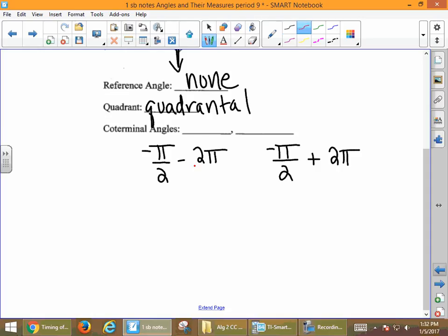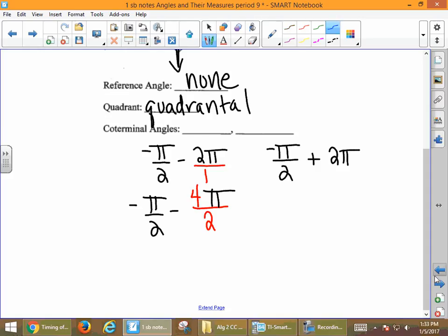And we're finding the common denominator. And the common denominator between 2 and 1 is 2. So we want to make sure that we keep that equation in balance, so to speak. 4 divided by 2 is 2. So we're good there. And we have negative pi over 2 minus that.